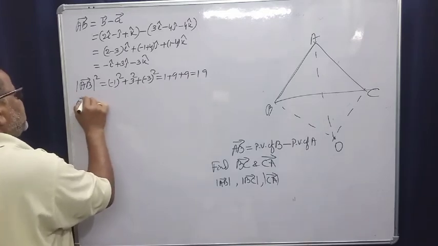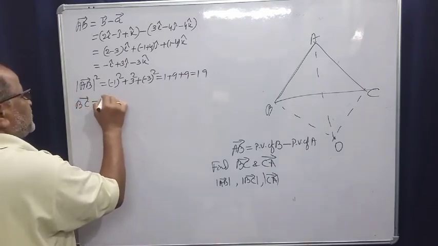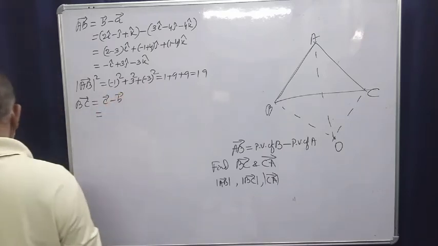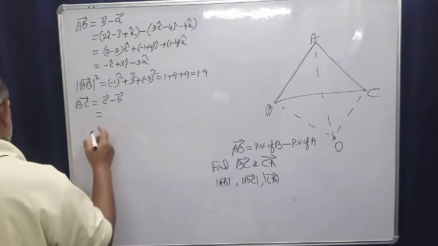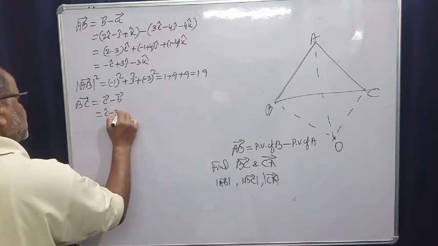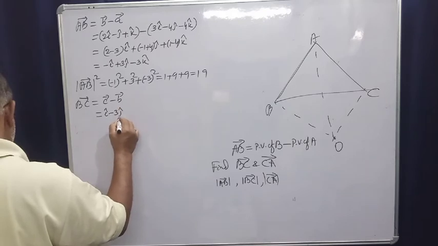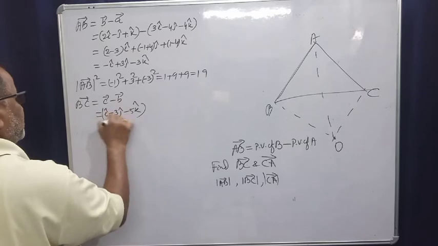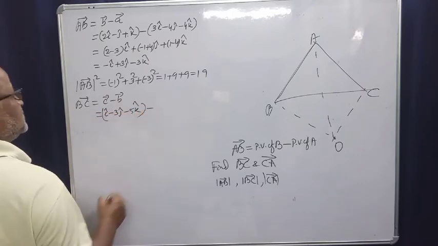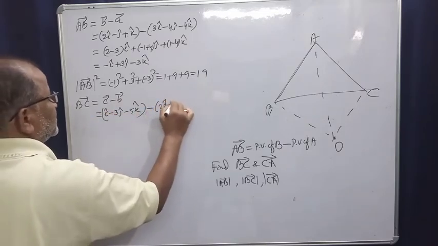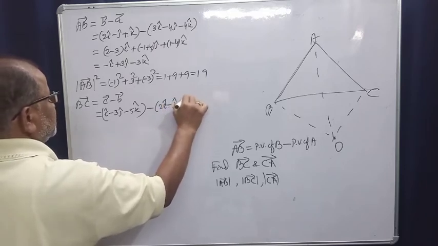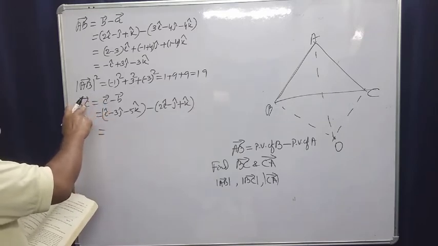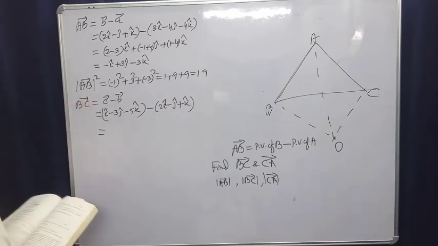Then find BC. That is C minus B. What is C? C is i cap minus 3j cap minus 5k cap minus B. Minus B means 2i cap minus j cap plus k cap. This is equal to BC, position vector of C minus position vector of B, right?